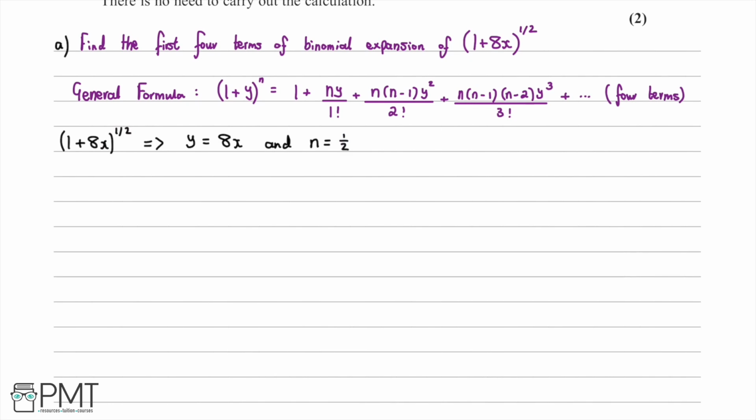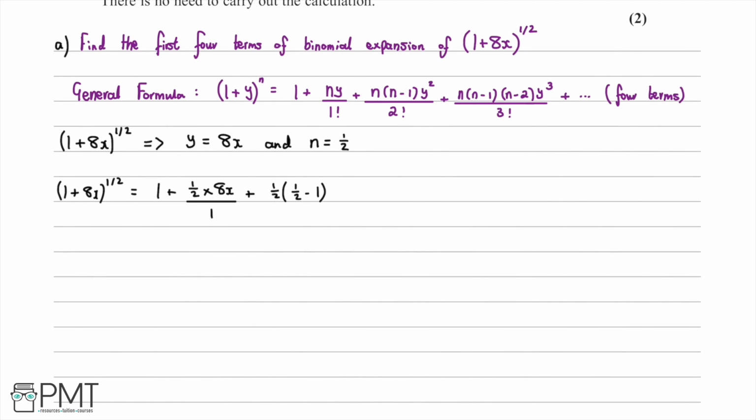So what we can now do is we can substitute 8x and a half into this general formula, and then that's going to give us the expansion of 1 plus 8x to the power of a half, and that'll be the first 4 terms. So therefore 1 plus 8x to the power of a half is going to equal 1 plus n multiplied by y, so that's 1 over 2 multiplied by 8x, and then we divide that by 1 factorial, and then we add on 1 half multiplied by a half minus 1.